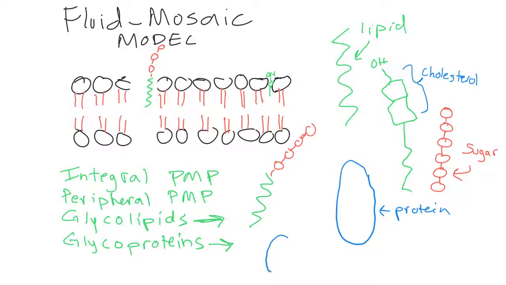Glycoprotein has a protein and a sugar on it. And so the glycoprotein might take up a larger chunk, the protein part, across the lipid membrane, and then have the sugar chains coming off the top.